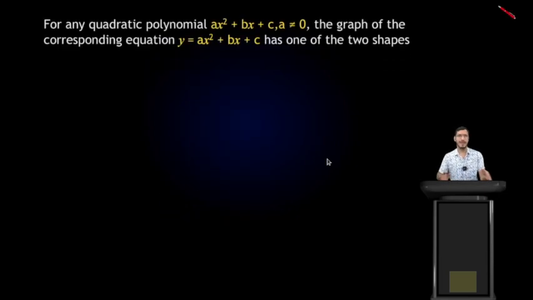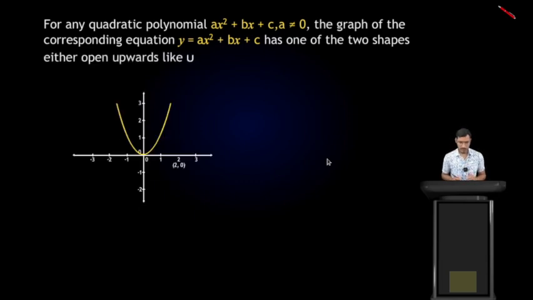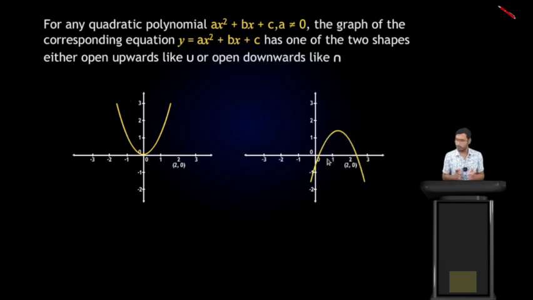For any quadratic polynomial ax square plus bx plus c, where a does not equal 0, the graph of the corresponding equation y is equal to ax square plus bx plus c has one of two shapes. Either it opens upwards, like a U shape, or it opens downwards, like an N shape.